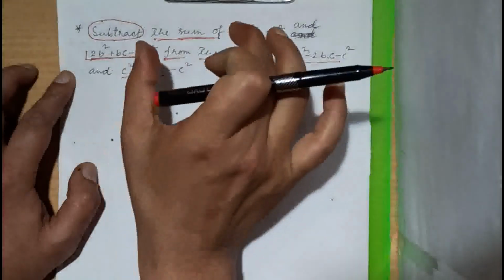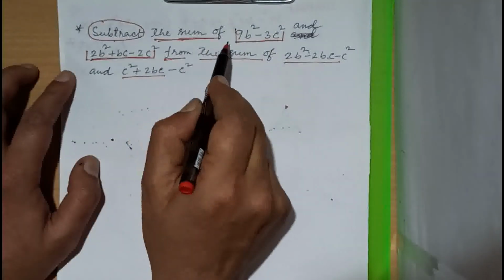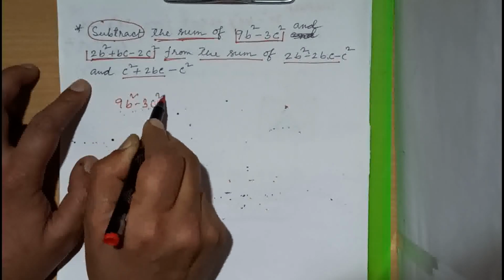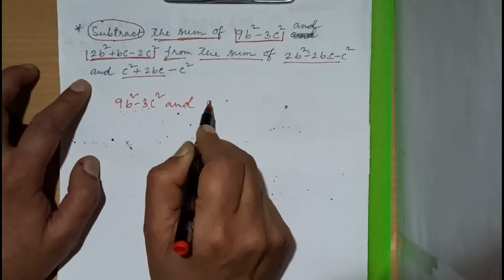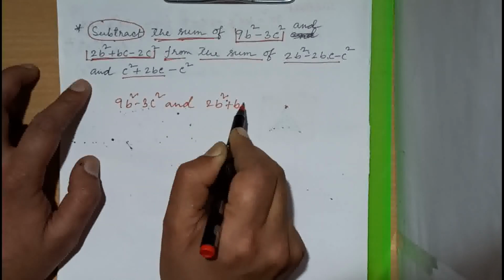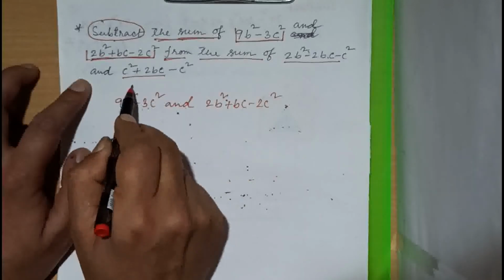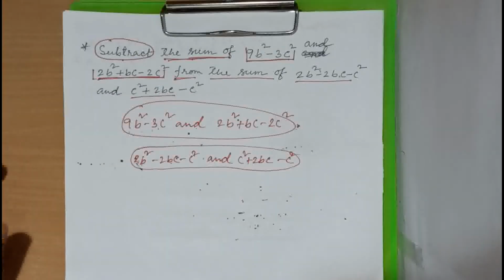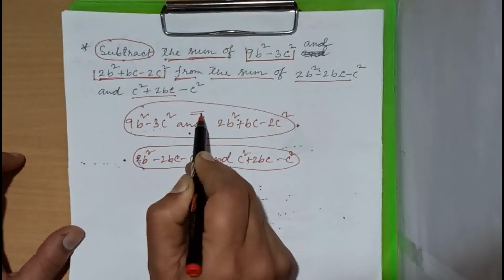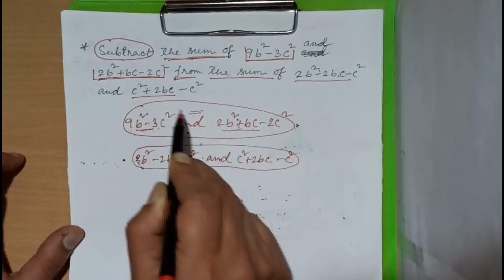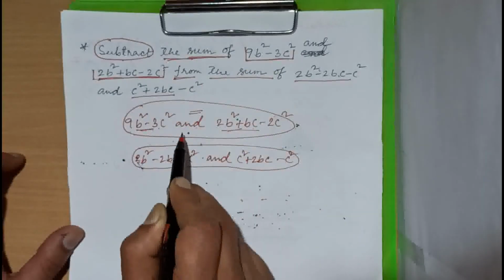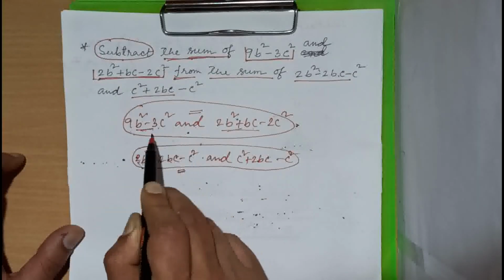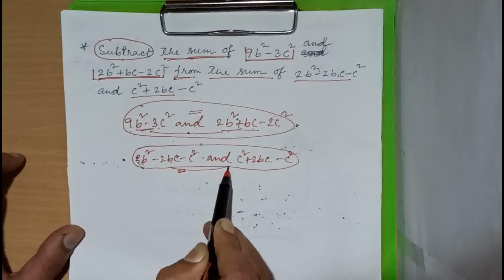It means the sum of these two, that is 9b square minus 3c square and 2b square plus bc minus 2c square. The sum of these two will be subtracted from the sum of these two. That means first we need to find the sum of this, and then we need to find the sum of this, and then we will subtract.